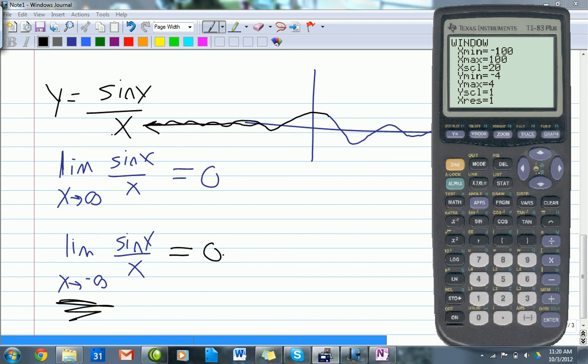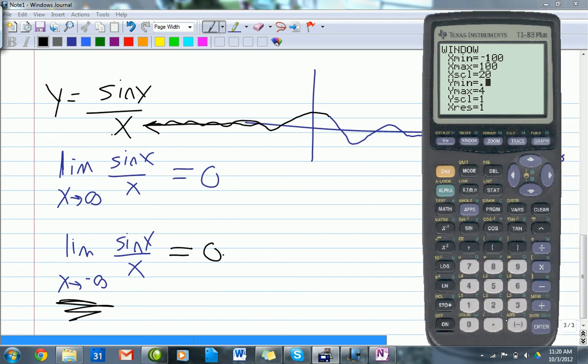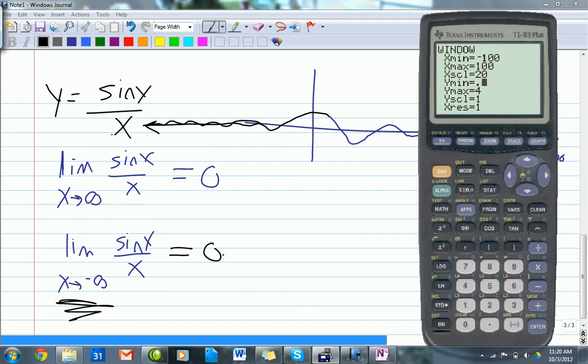How about we go from 1 to negative 1? I'm not sure that's going to change it much, but let's keep it at that.